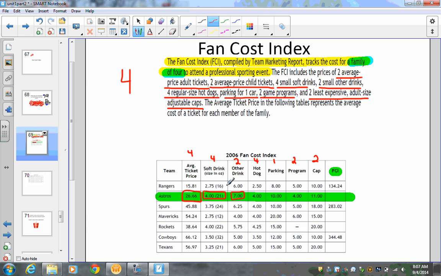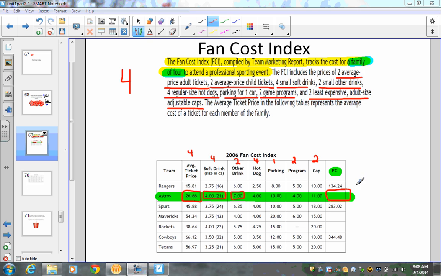What I'm going to do is multiply these numbers all together, and then add what I have. So that means it's 4 times 26.66, 4 times 4, 2 times 7, 4 times 4, 1 times 10, 2 times 4, and 2 times 11. I'm going to get an overall price right here, and that number tells me how much money a family of four will spend at an average sporting event.